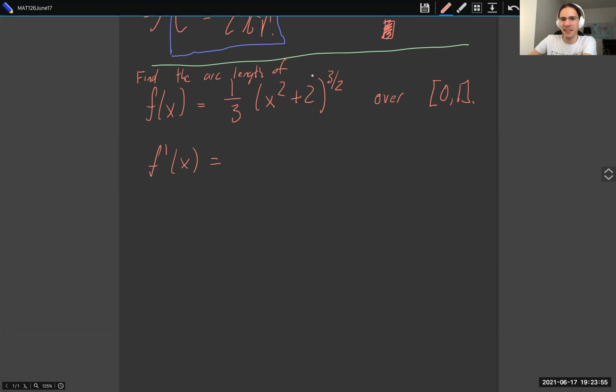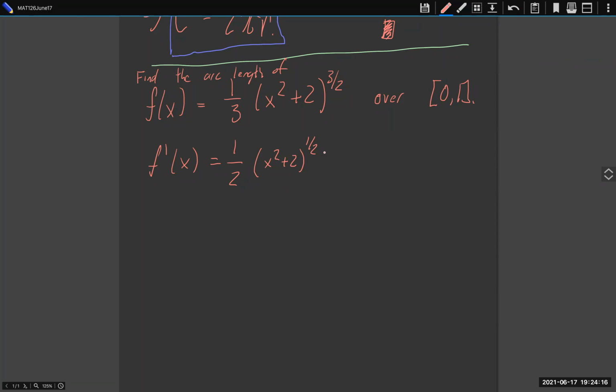The power comes down, and if I multiply 3/2 by 1/3, I get 1/2. Then I write x squared plus 2 to the power of 3/2 minus 1, which is 1/2, and then I need to multiply by something. What's the derivative of the inside? 2x. Good. So I can just rewrite that as x times the square root of x squared plus 2.